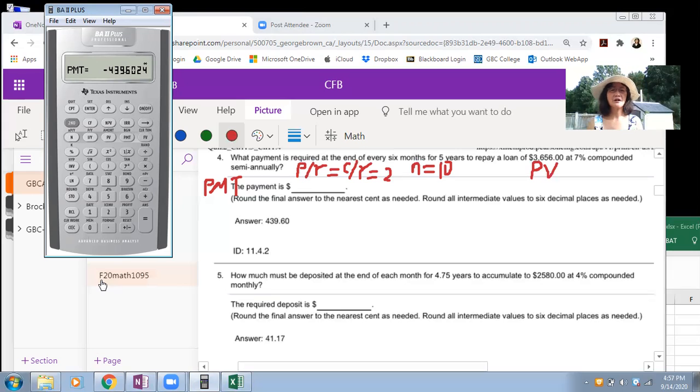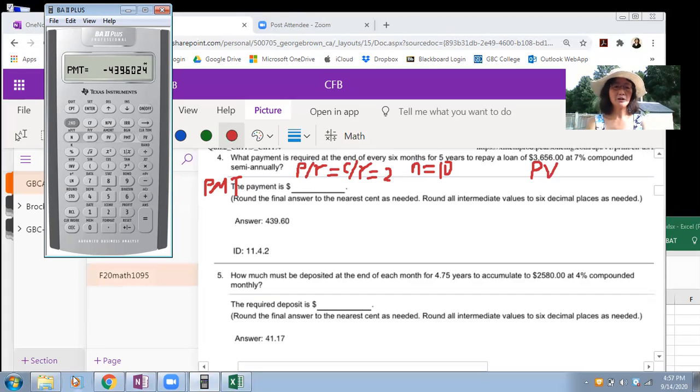Okay, so you got $439.60. I got a negative number before because I didn't enter present value as a negative number. If you enter present value as a negative number, you will get PMT as a positive number. So this is the calculator method.